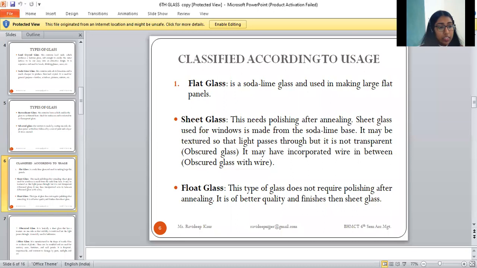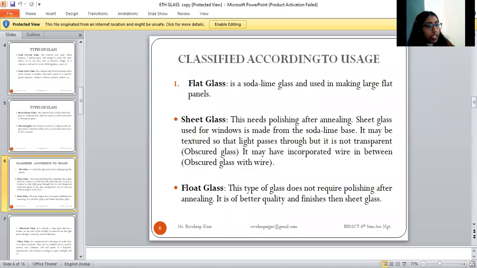Secondly, we have sheet glass. This needs polishing after annealing. Sheet glass used for windows is made from the soda lime base. It may be textured so that the light passes through, but it is not transparent. It may have wire incorporated in between.